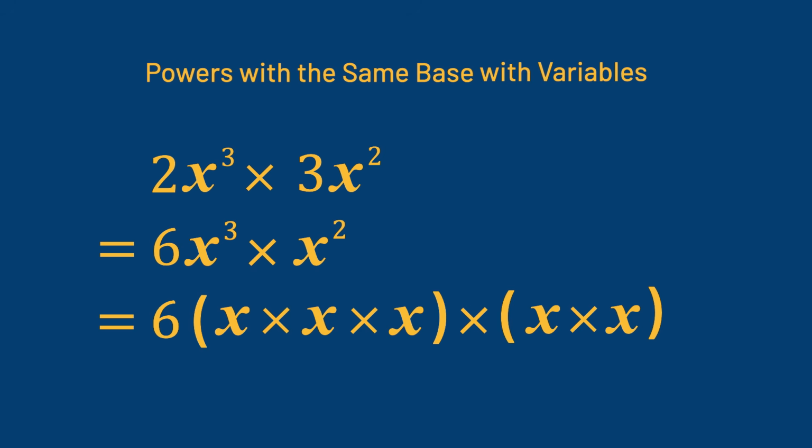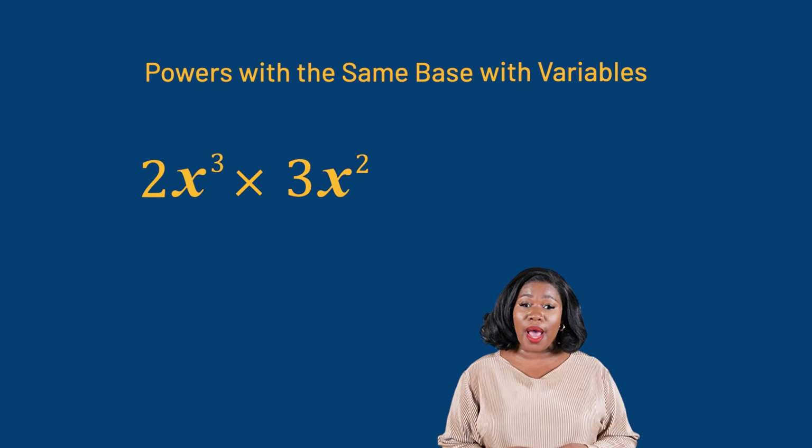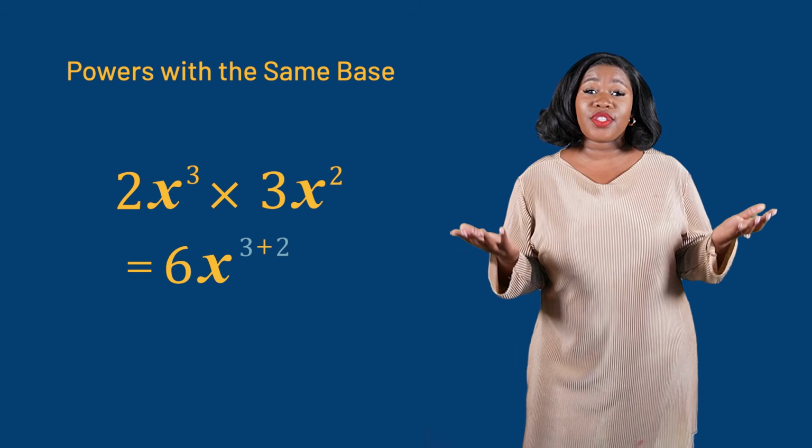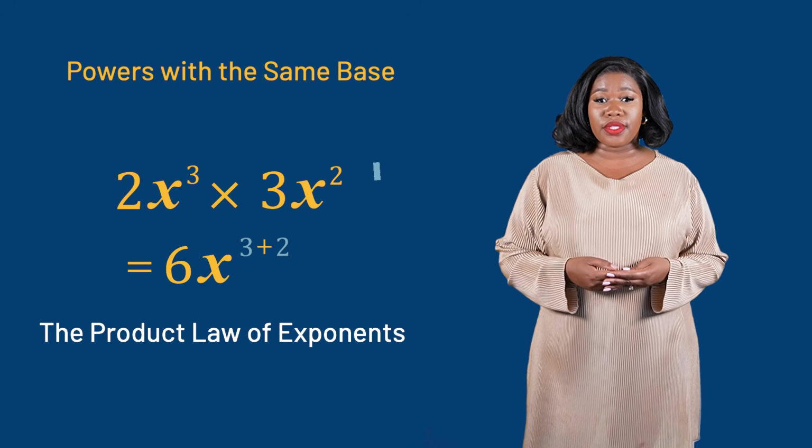That's the base, so we add the exponents. 3 plus 2 equals 5, and we have 5 x's multiplied together, and that's x to the power of 5. When you multiply powers with the same base, add the exponents. That's the product law of exponents.